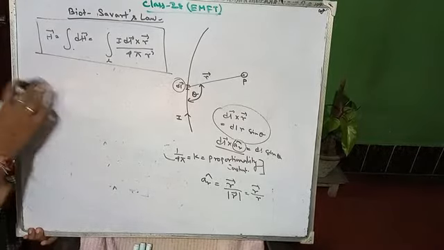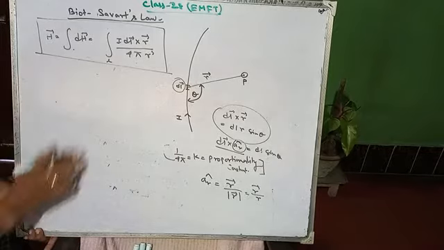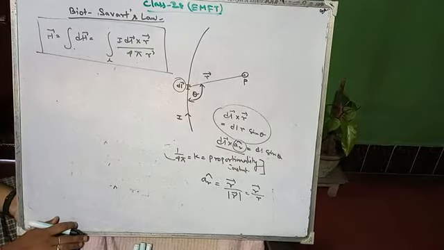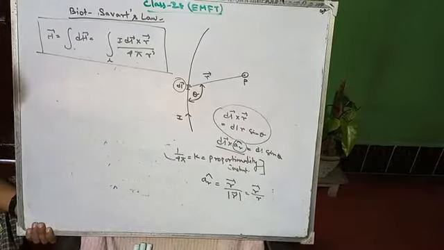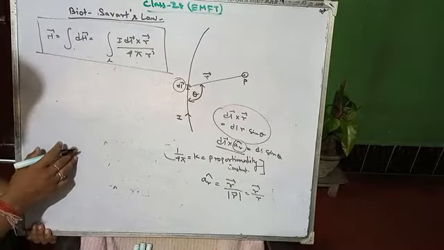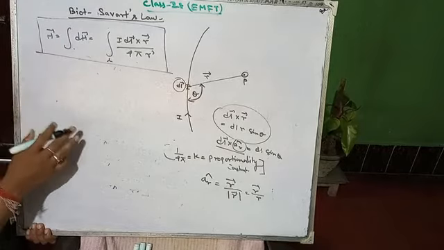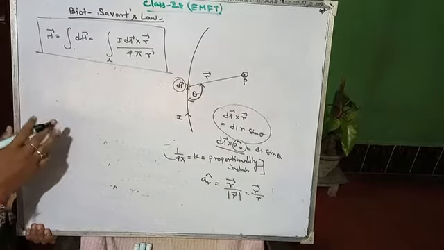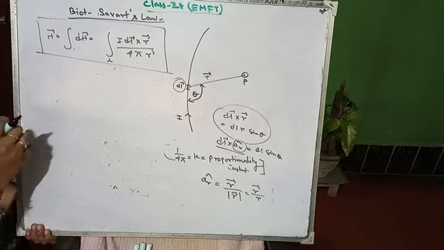First let me write some extra facts. Similar to the different charge densities, we can have three types of current densities.